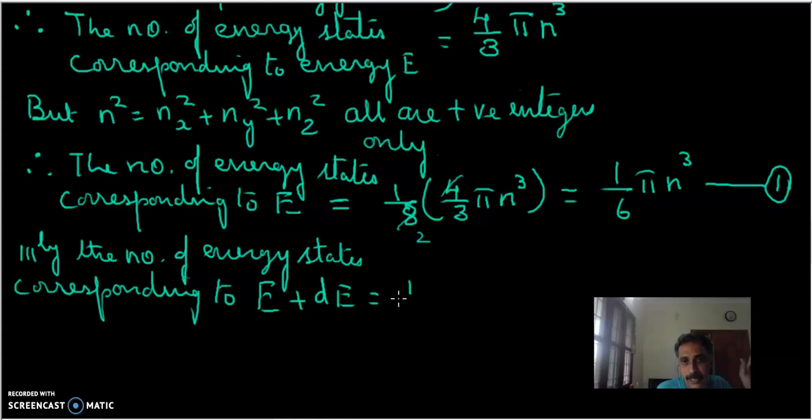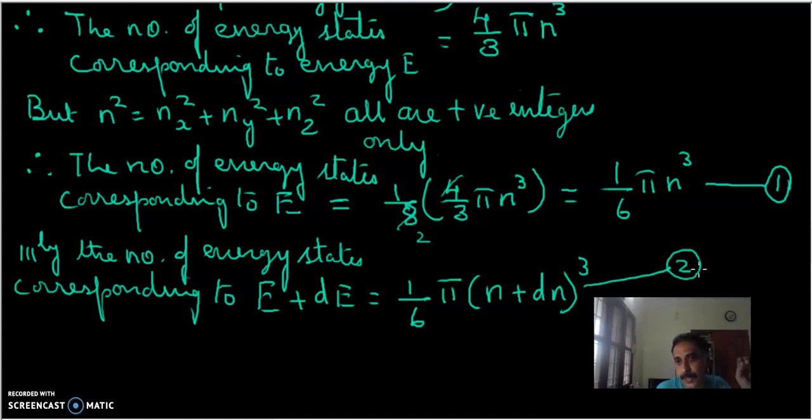Therefore we write it as 1/6 pi n plus dn the whole cube. அப்படியே இந்த ஈக்குவேஷன் அப்படியே மேட்ச் பண்ணிக்கலாம். So let this be equation number 2.